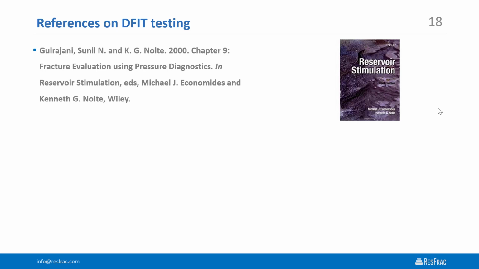Chapter 9 was written by Ken Nolte and Gul Rajani on DFIT, and it has a really nice presentation of the mathematics of the G function and how the concepts of well test, or rather fracture injection test analysis, were developed largely by Nolte and his colleagues. And so I really recommend this chapter. It's my favorite in terms of understanding the real theory of where things come from.